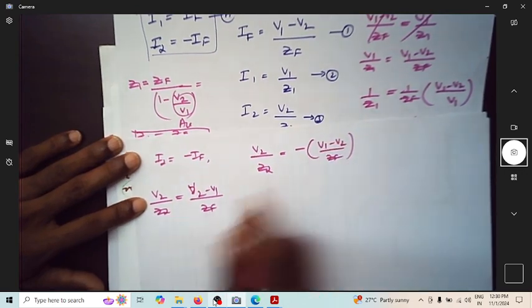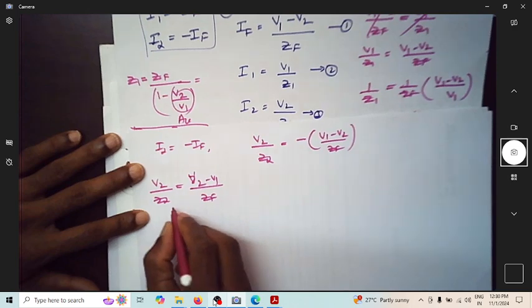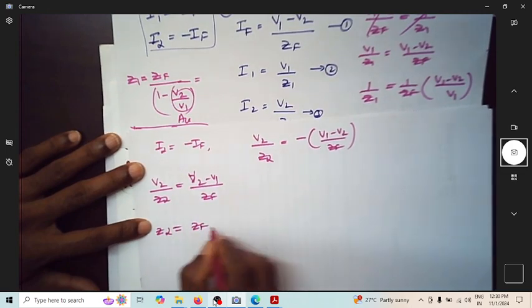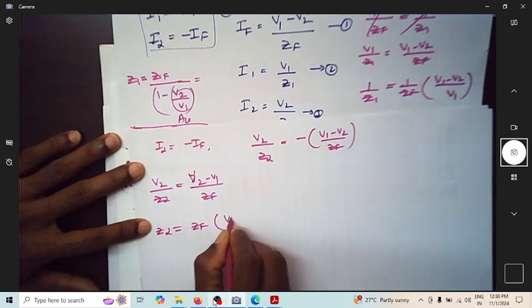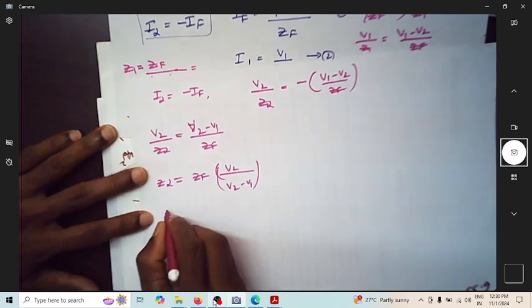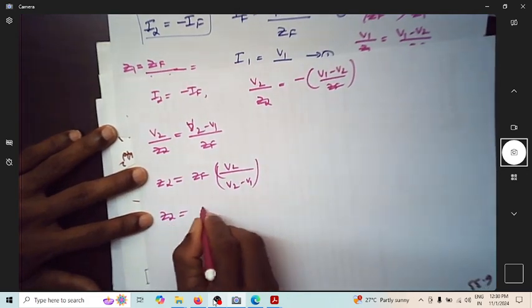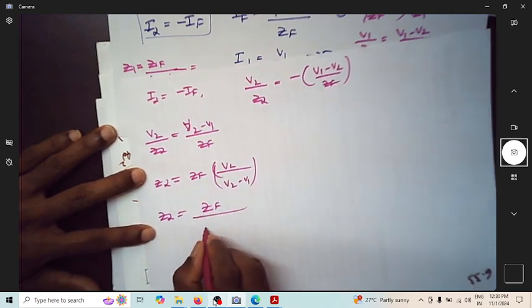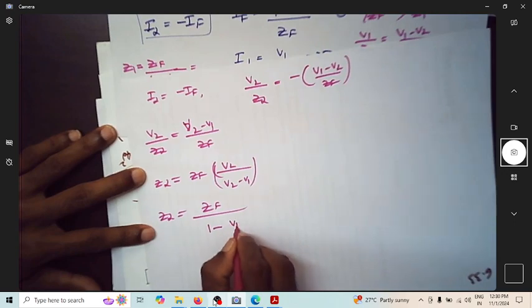So I'll just multiply this. So now can I now write Z2 is equal to ZF multiplied by V2 by V2 minus V1. So can I now write Z2 is equal to ZF, taking V2 as common factor, is it not 1 minus V1 by V2?